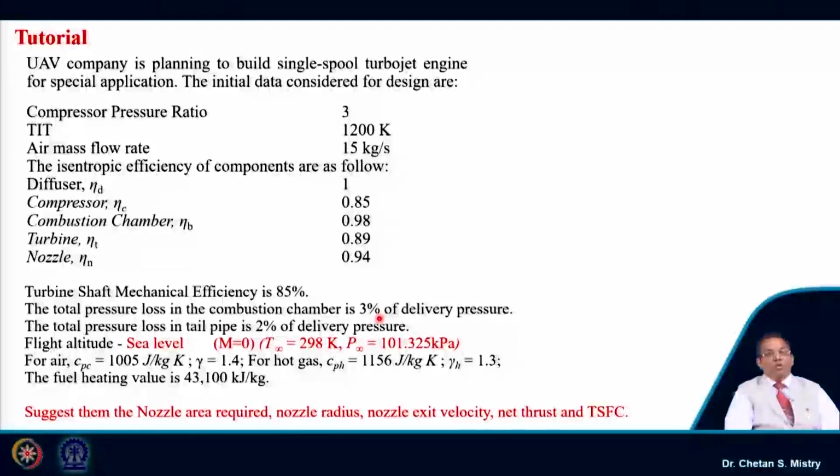It says a UAV company is planning to build a single spool turbojet engine for their special application.